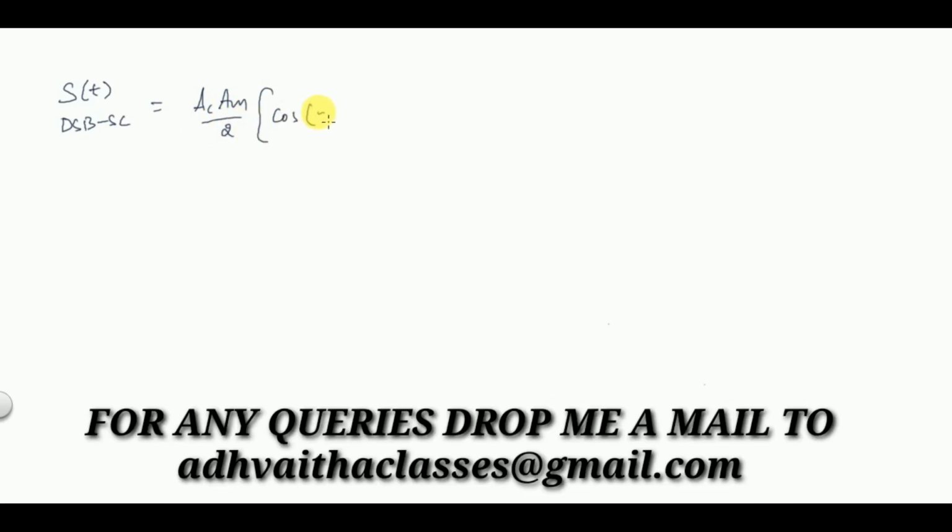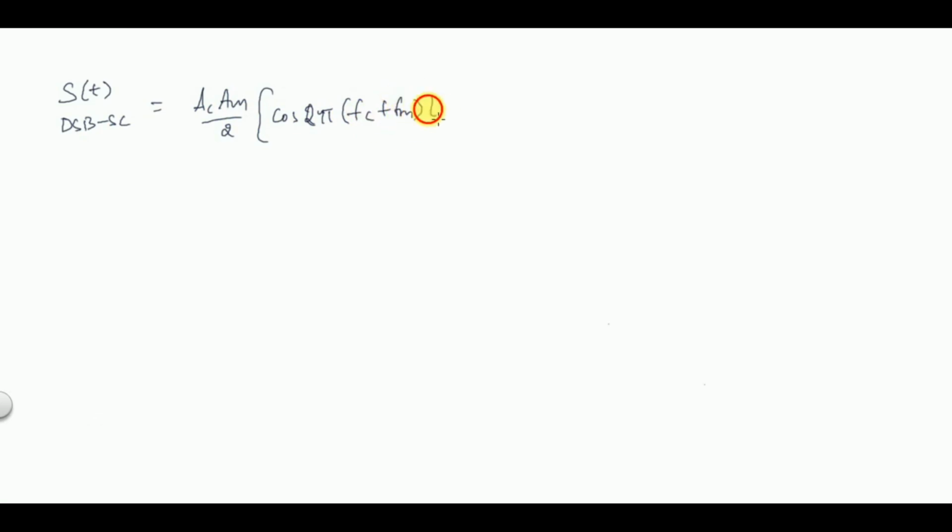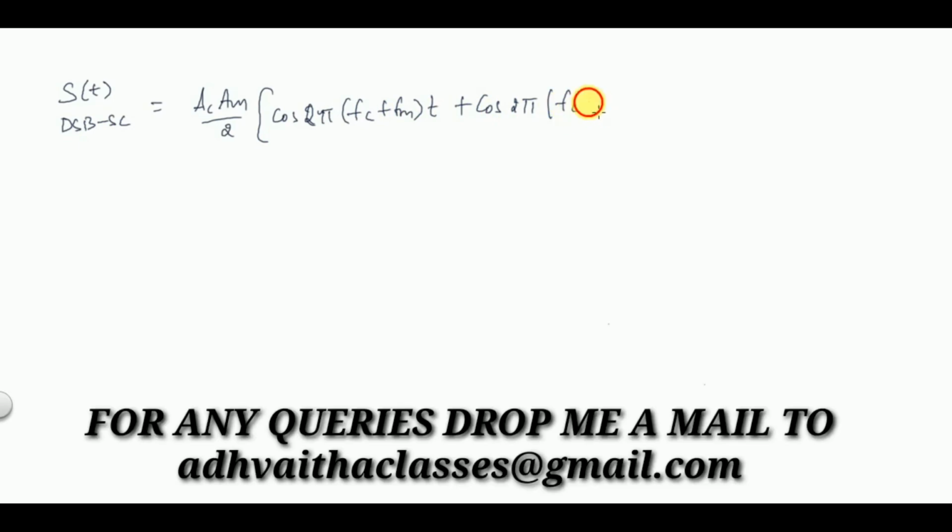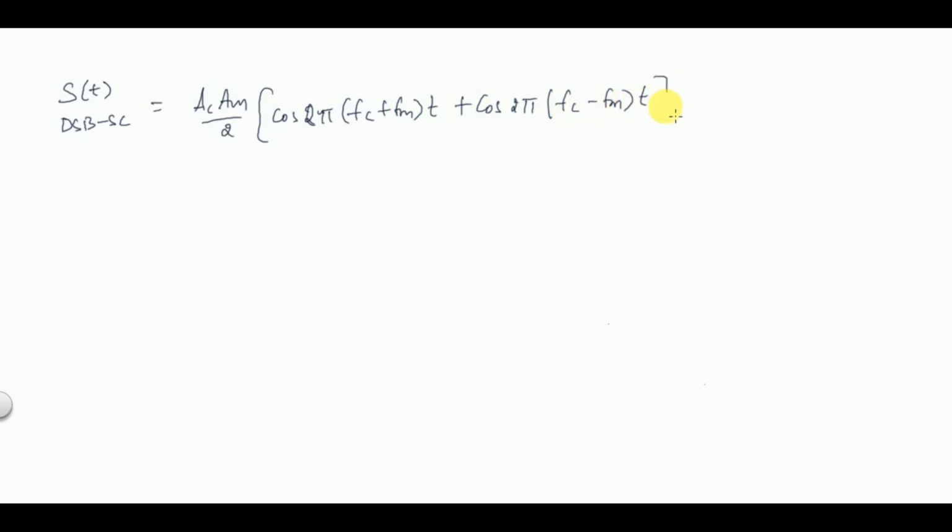We have seen the time domain equation for single tone DSBSC is AcAm by 2 into cos 2 pi (fc plus fm) t plus cos 2 pi (fc minus fm) t. From this, if you want to calculate the total power, I have told you power is obtained from first finding the RMS value.